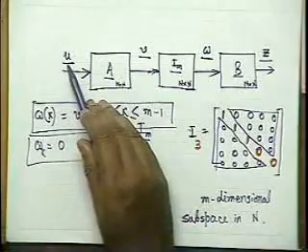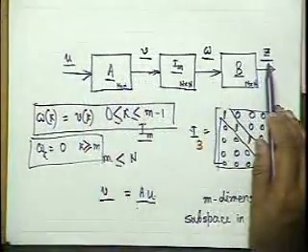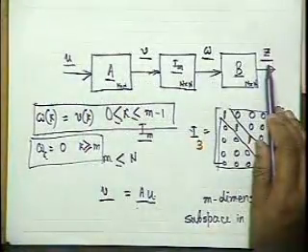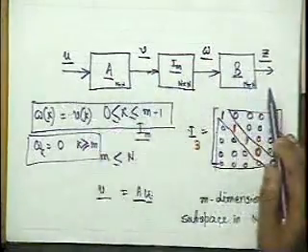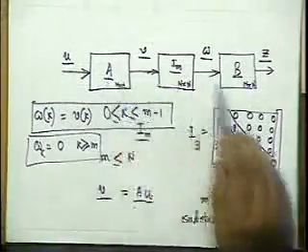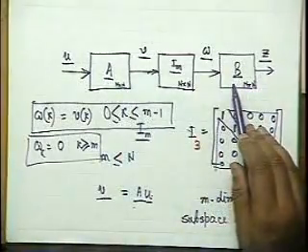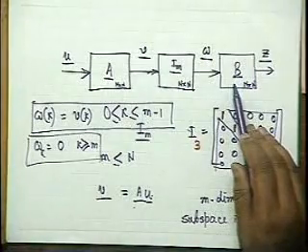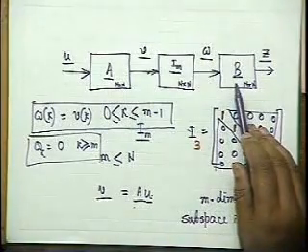I repeat what I said. I am going to consider the mean square error between the U vector and the Z vector, and then see how I should design this A matrix and B matrix such that it results in the minimum mean square error.